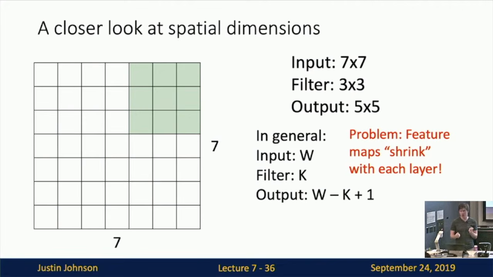For example, if we use a 3x3 convolution, we're going to lose 2 pixels of resolution every time we do a convolution, which puts an upper bound on the number of layers that we could potentially put in our network, because eventually the spatial size of our image would just evaporate away to nothing if we use enough convolutional layers. And that seems like a problem. We don't want the number of layers in our model to be constrained by this evaporative nature of the convolution operation.